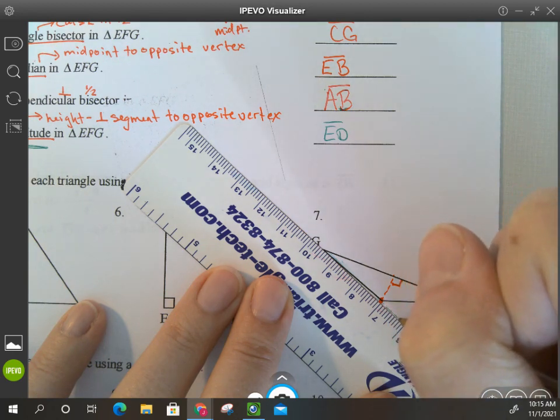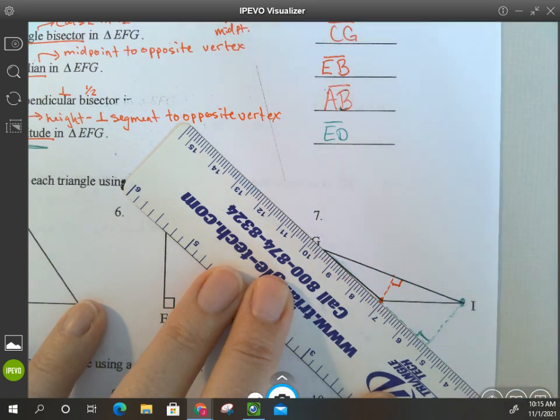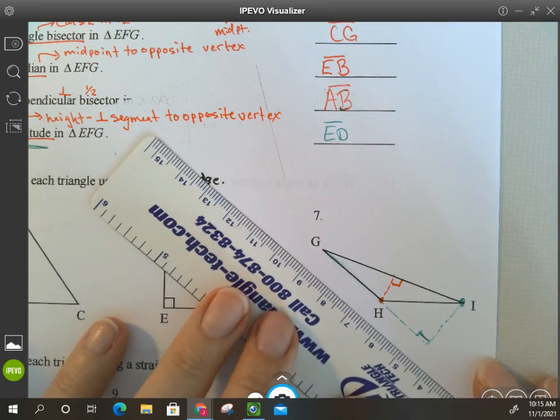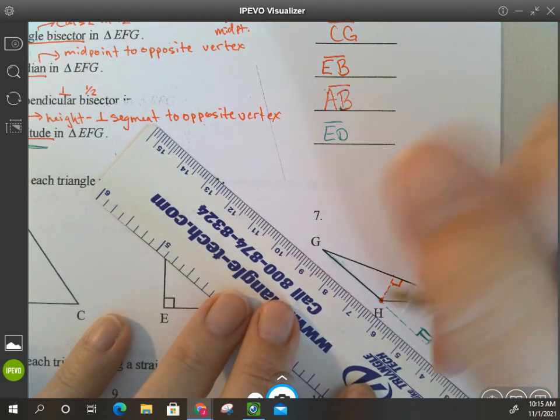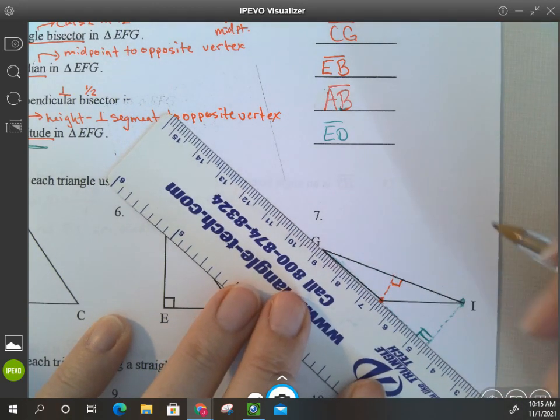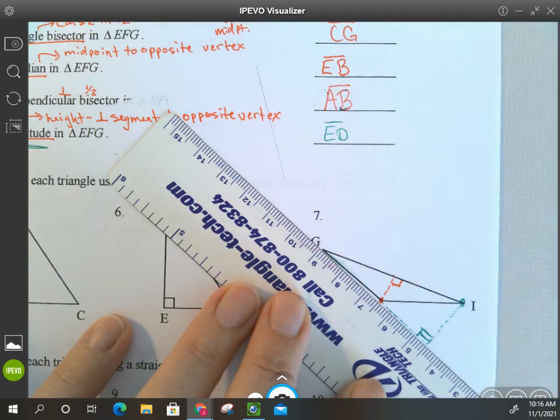So this is one of the ones that's harder. We have to extend our triangle, and we have an exterior altitude. I think it would be helpful if you use your ruler and say, if I go this way, it does not look perpendicular, but if I drop it here, it is.